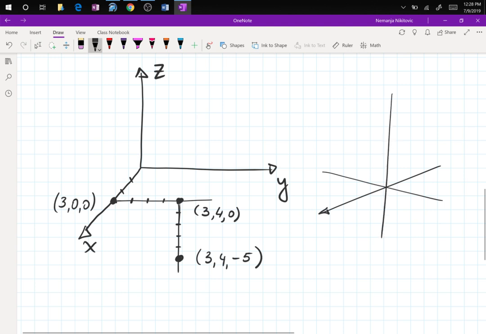You will go 1, 2, 3 units on x, then you have to draw a parallel line to y, go 1, 2, 3, 4 units on y, so this is now 3, 4, 0, and then a parallel line to z to go down 1, 2, 3, 4, 5, and here is your 3, 4, negative 5.